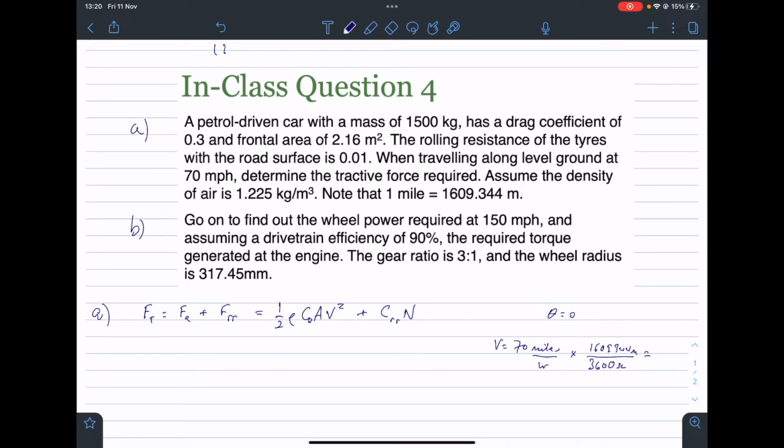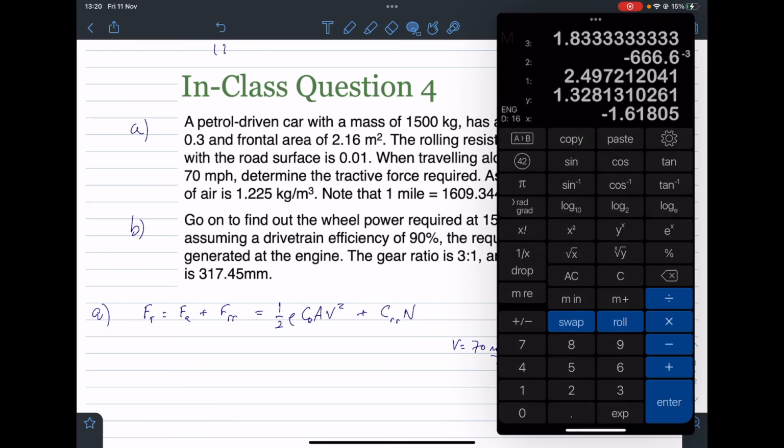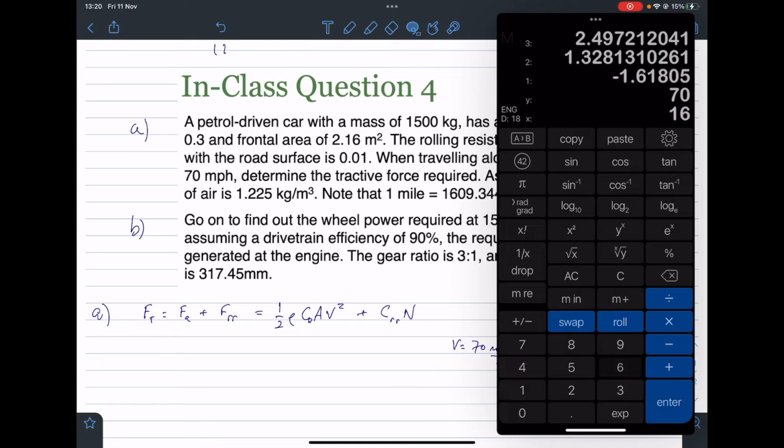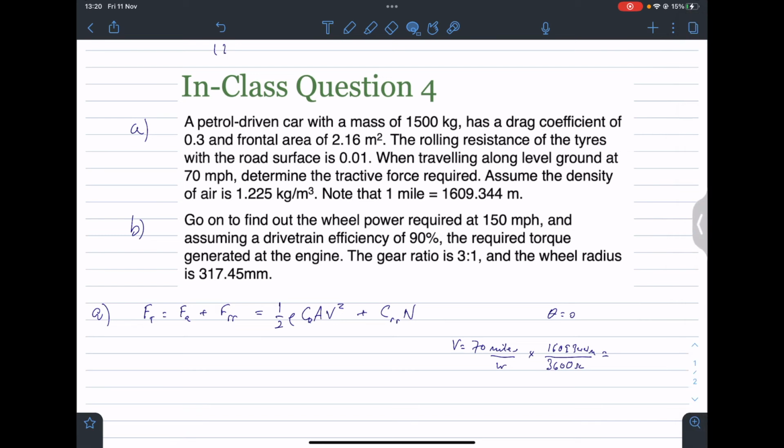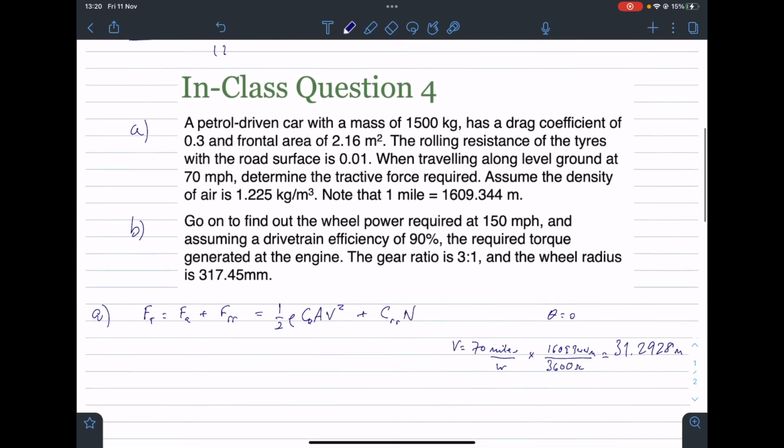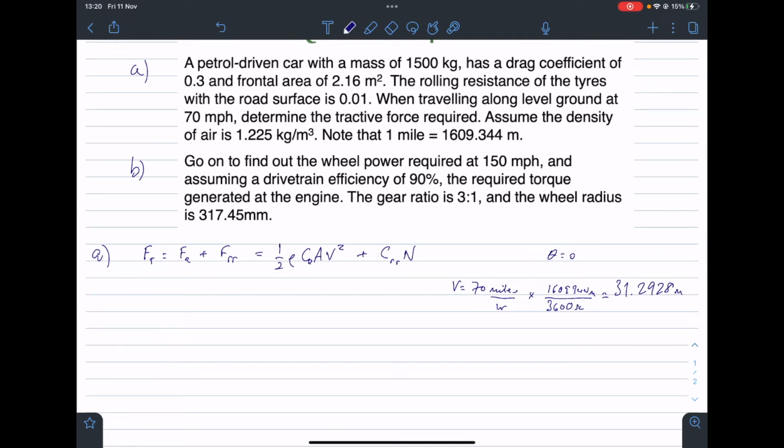If you do that sum, we get 31.2928 meters per second.